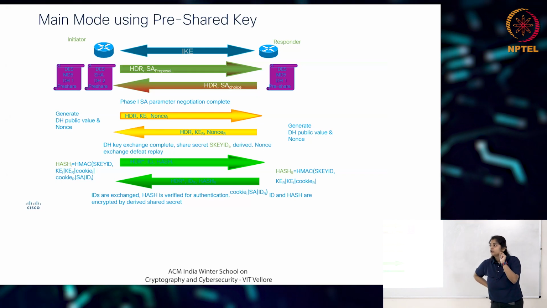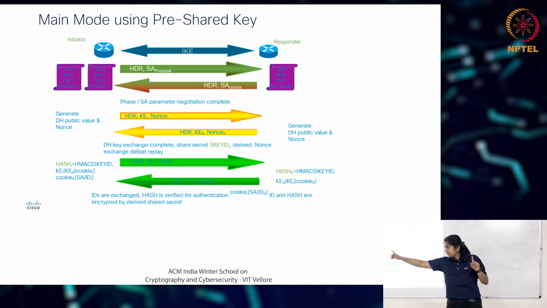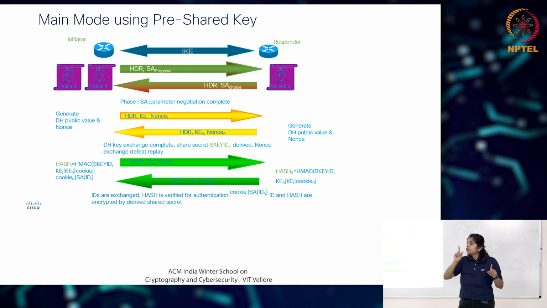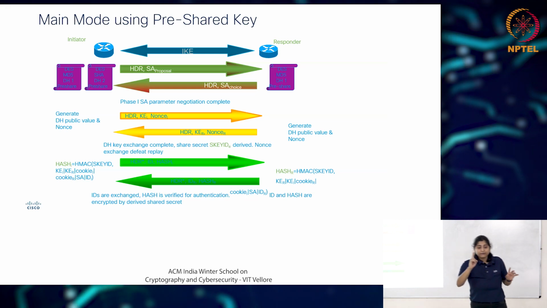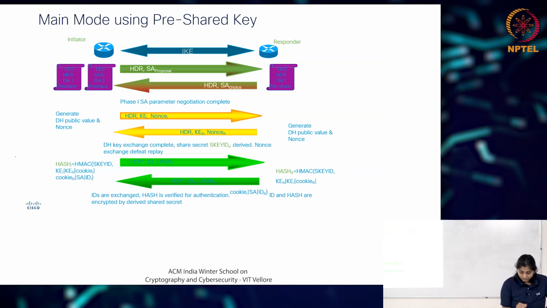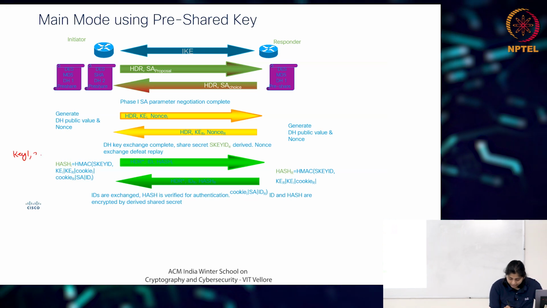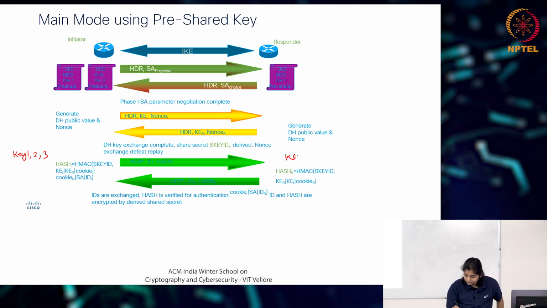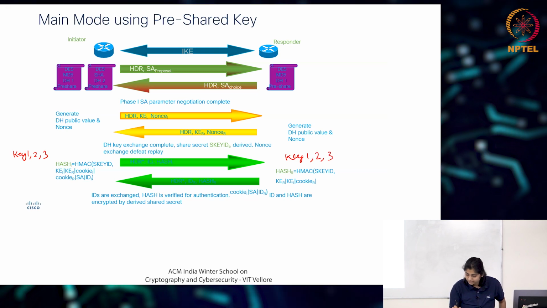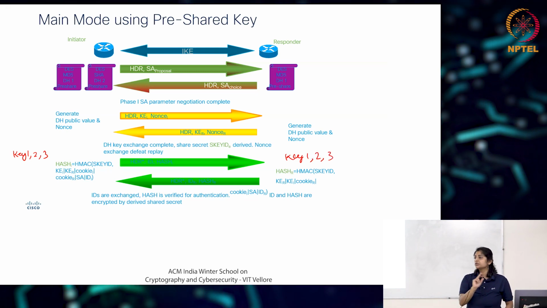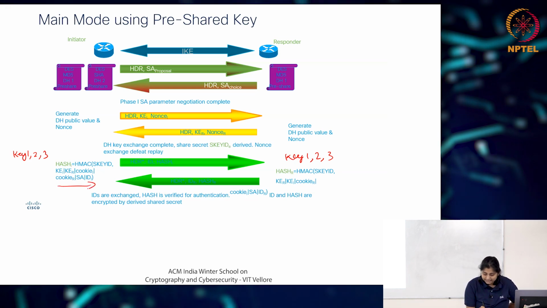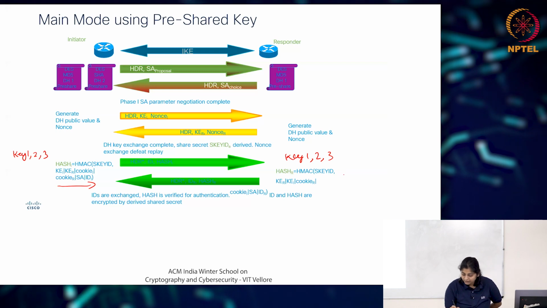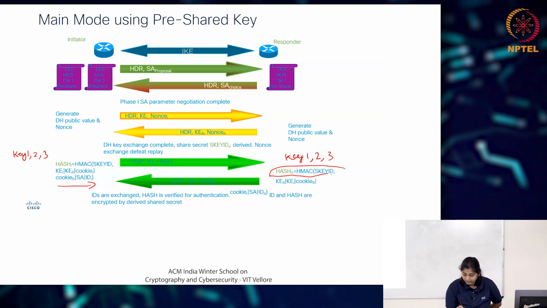They derived keys on their sides locally and they decided to encrypt the further packets using those keys. Now, if key 1, 2, 3 matches on both sides, then only will this guy be able to decrypt this packet.